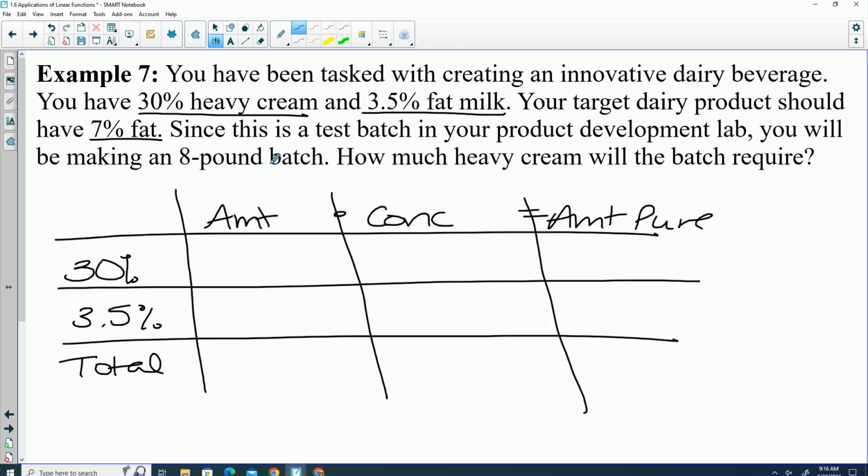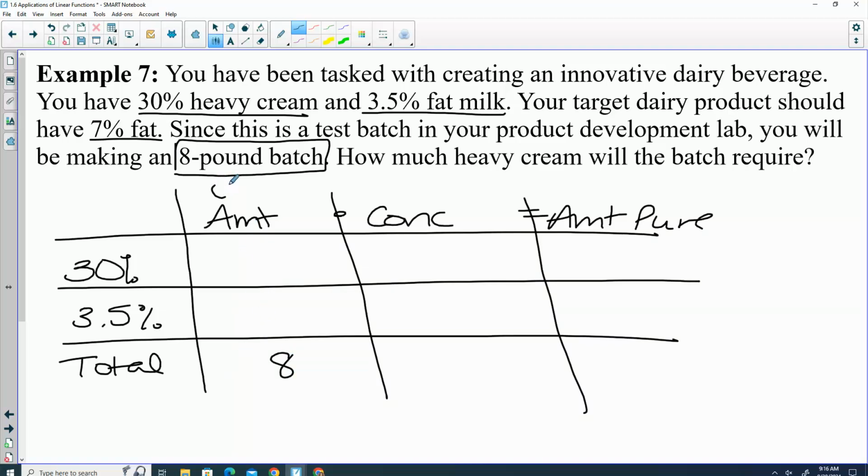All right, since this is a test batch, you will be making an 8-pound batch. That means we are going to have 8 pounds at the end. So where does that go? The amount of my total.